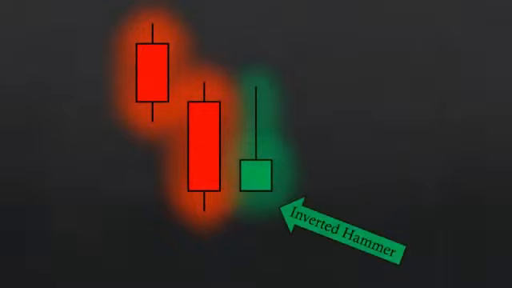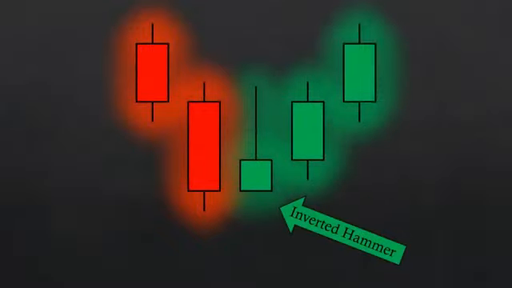Right afterwards, the next pattern is the shooting star, which is a simple bearish reversal pattern. The shooting star has a very similar shape to the inverted hammer pattern, but there are two fundamental differences. The first is that a shooting star is a bearish reversal pattern, while the inverted hammer is a bullish reversal pattern. That means that a shooting star appears when the price is going up to signal a reversal to the downside.